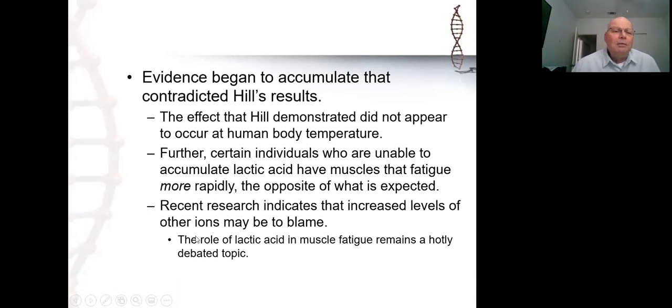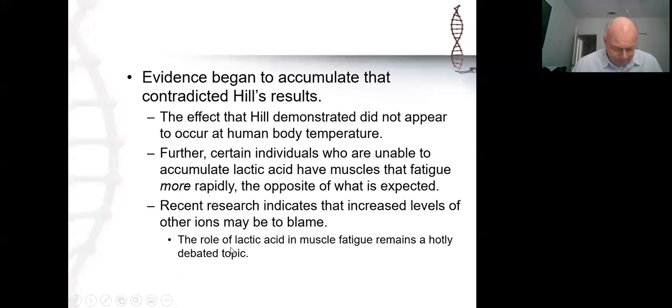And then there are other research studies that suggest that there may be other things other than the lactic acid that could be triggering the muscle cramps, because the research suggests that the buildup of these other things, particularly some different types of ions in muscles, may be responsible for muscle cramp.